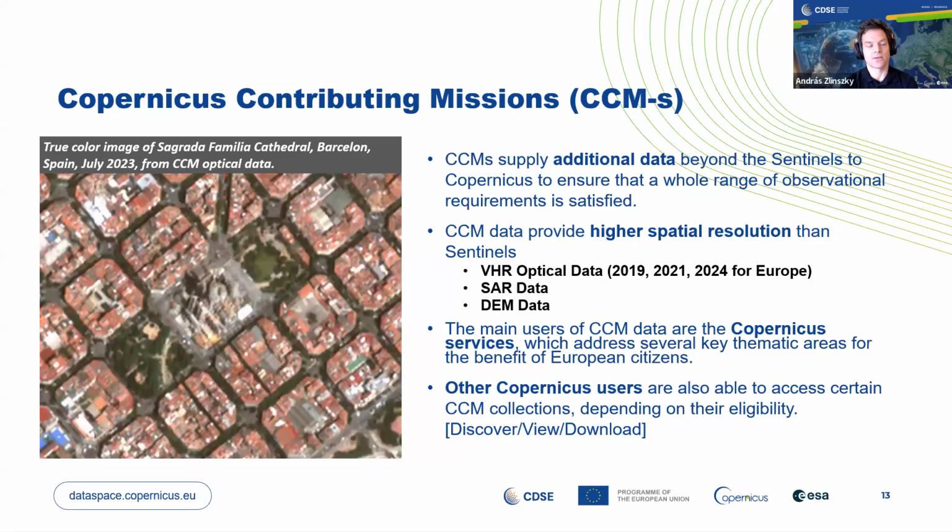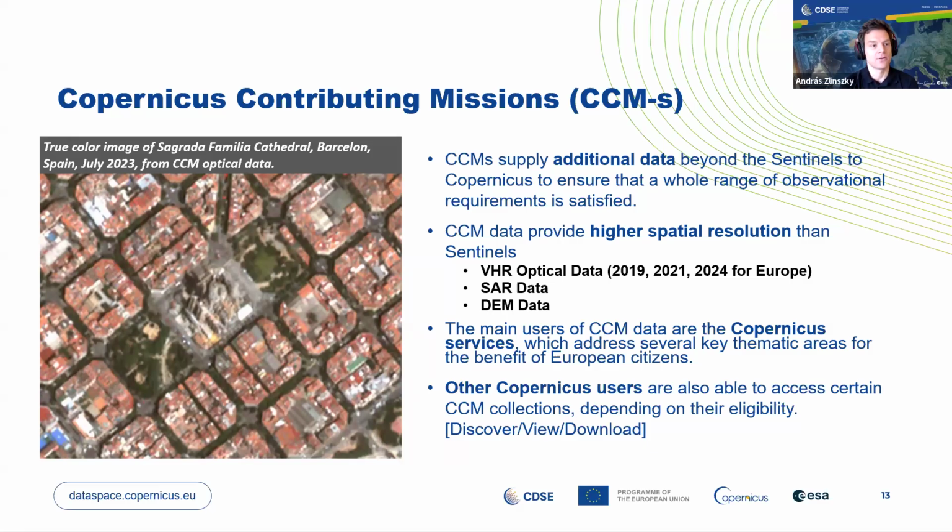And these data sets are higher spatial resolution than the Sentinels. They are typically 2 to 5 meter resolution, and there is a mosaic once every 4 or 5 years. The main users are actually the institutions generating the Copernicus services themselves, but public institutions are also eligible to view and download these data sets.